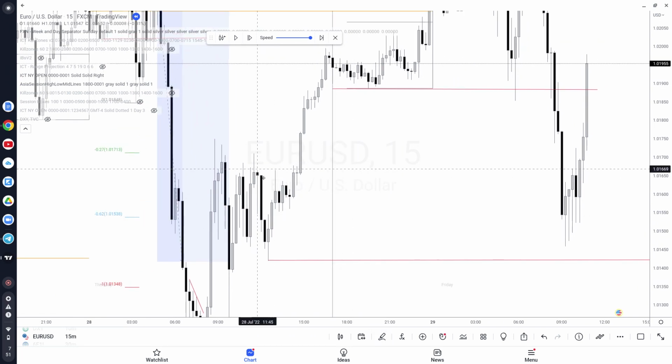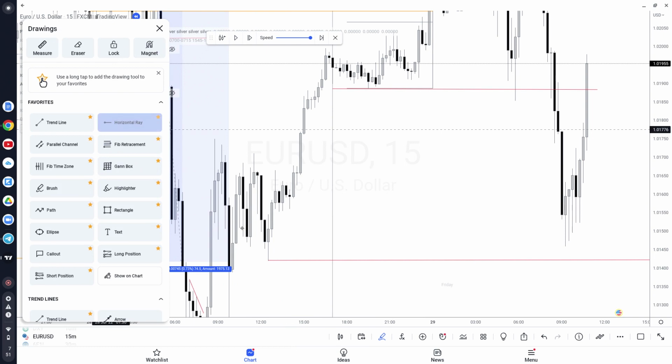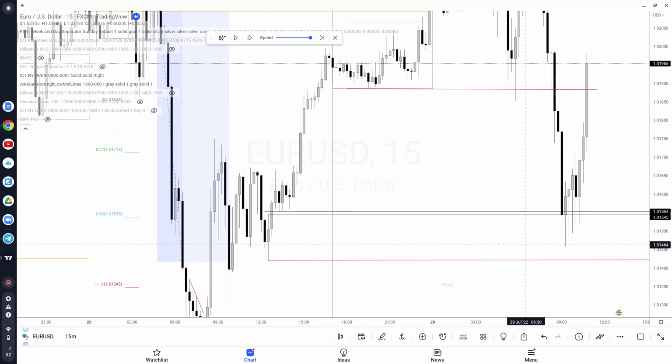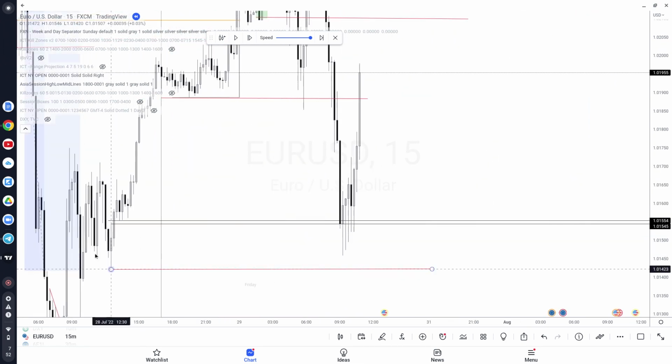Series of down close candles, price pushes up, leaves behind an imbalance from here to here, right? Price taps inside of it. This level also sweeps a sell side liquidity pool.